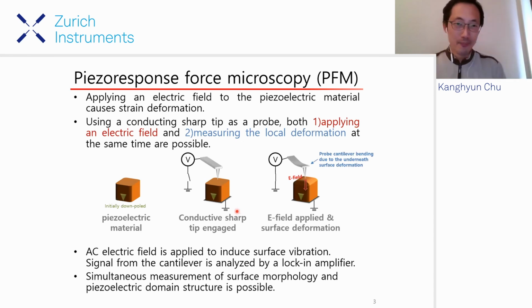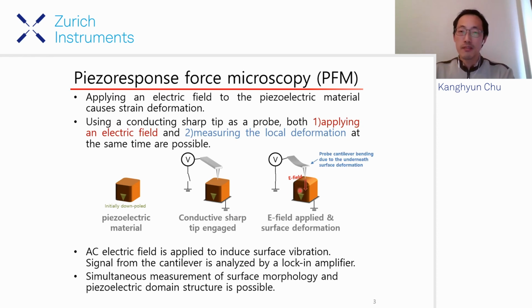So piezo response force microscopy is basically a tool to visualize the ferroelectric domains or piezoelectric domains of the surface. It utilizes a sharp conducting tip to route an electric field to the sample, and the piezo response is induced by the applied field.